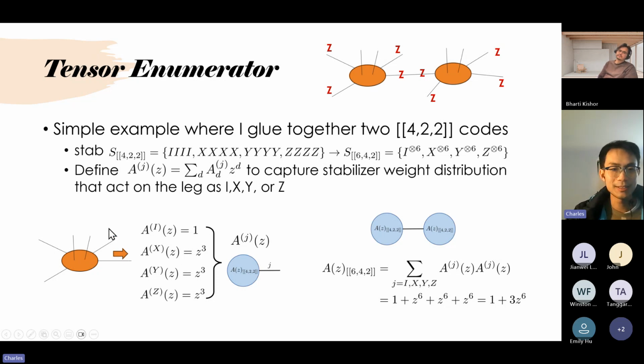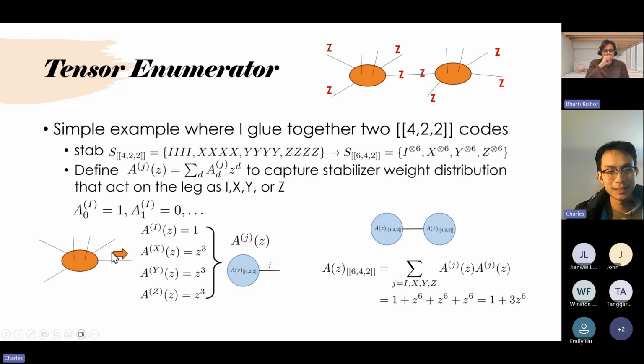How many stabilizers do I have that have weight 0 acting on the remaining 3 legs? So this is what A_0 is. The j takes values of identity, X, Y, Z. And the d goes from 0 all the way to the number of legs that are not glued.